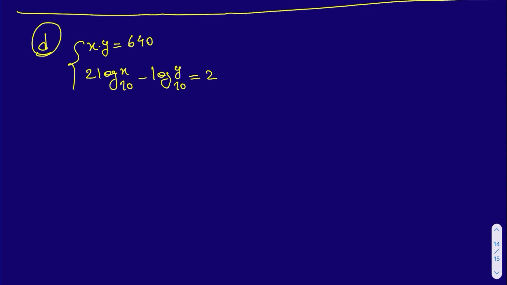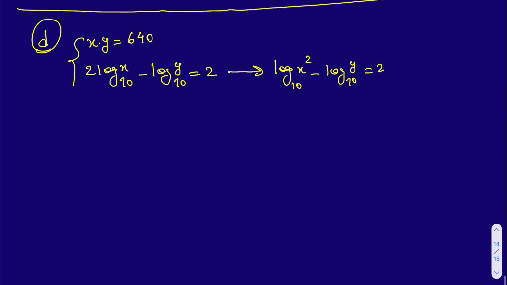So I can simplify this one easily using the logarithmic rules and properties. I can write log x to the power of 2 to base 10 minus log y to base 10 is equal to 2. Then instead of 2 I will write 2 log 10 to base 10, because log 10 to base 10 is equal to 1.